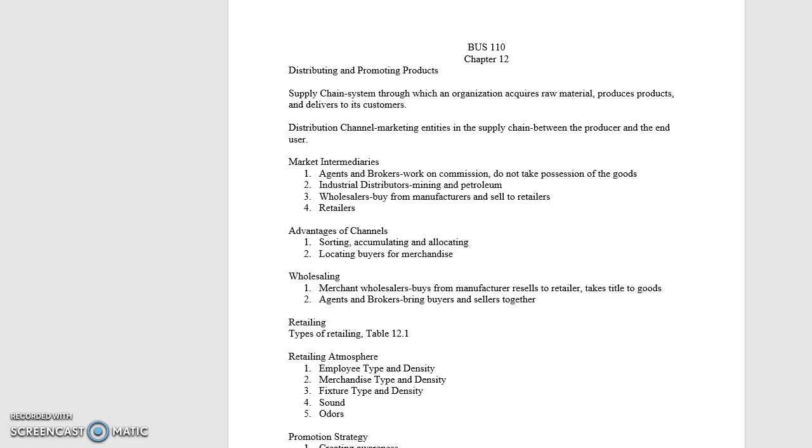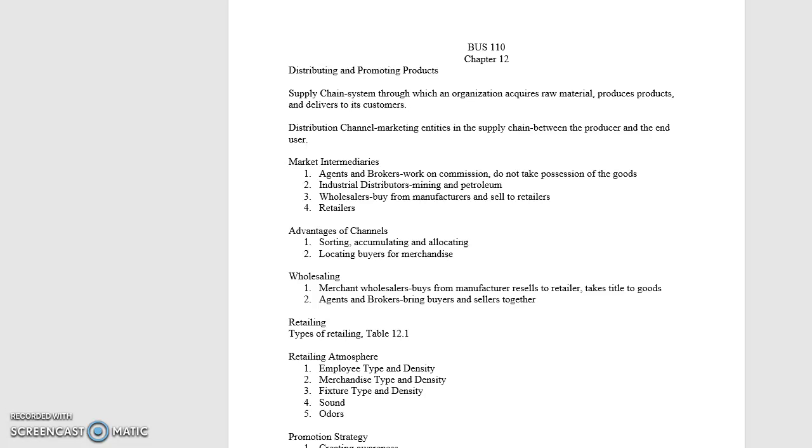Now, in the supply chain is something called distribution channels. And these are marketing entities in the supply chain, between the producer and the end user.